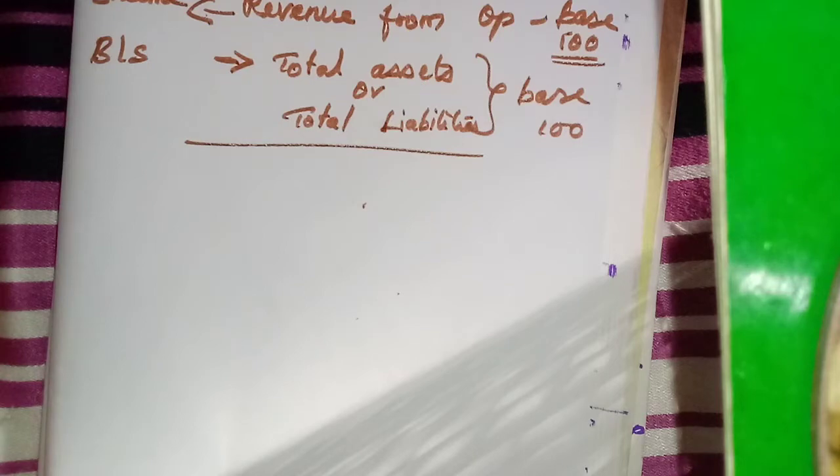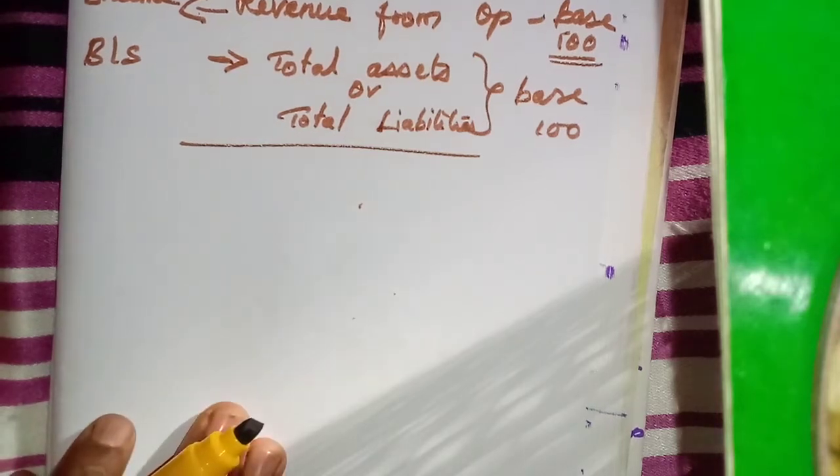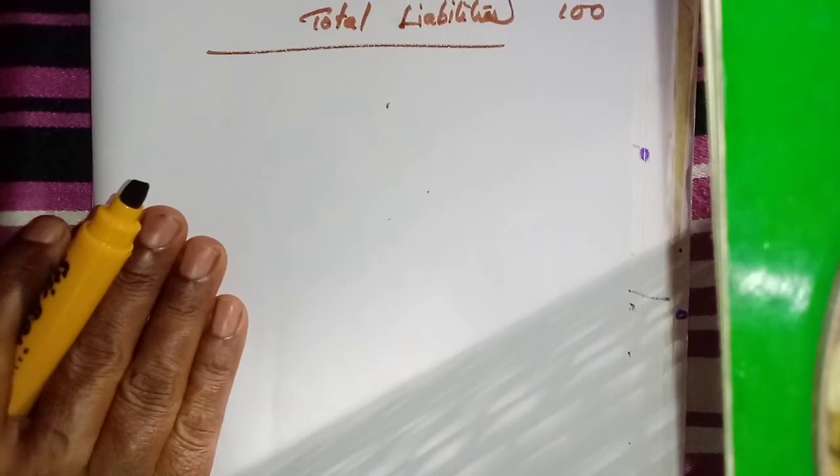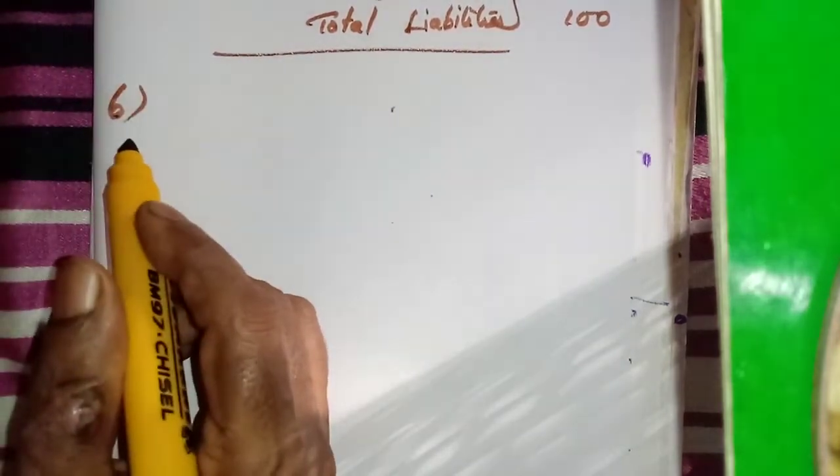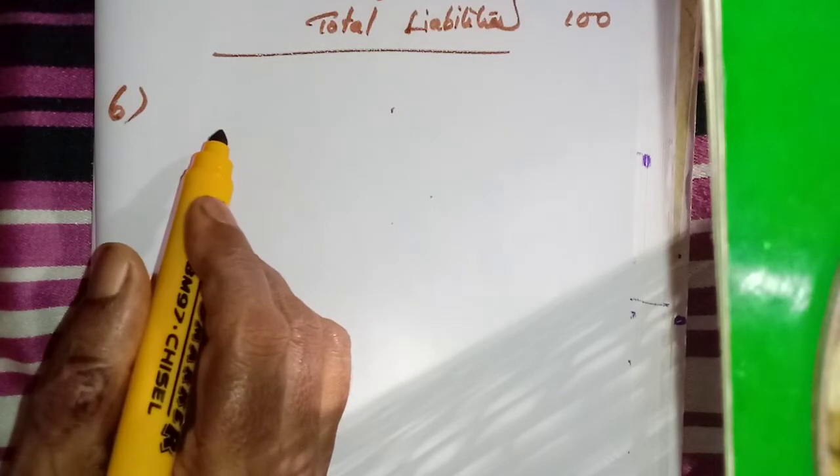The financial position. You can do that one. The same way you have to find out the increase or decrease and calculate the percentage, in the same method only. So today we will see the common size statement. That one, number 6. Prepare common size income statement.